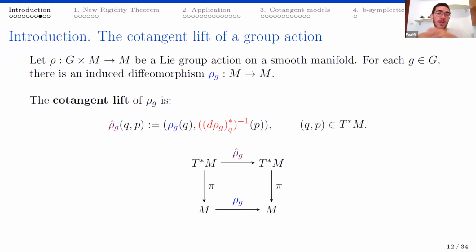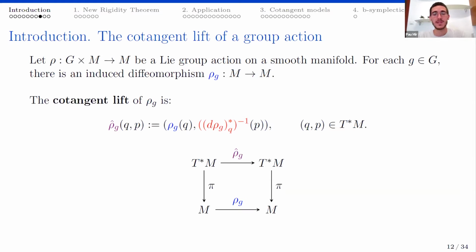You take an action that will act not only on the base, but on the base plus the fiber, so on the whole cotangent bundle. And this action in the base manifold works the same as the original action. So hat rho is simply rho in the base, and the differential of rho transpose, so the pullback of the differential of rho, and then the inverse of it, is the part of this action acting on the fiber.